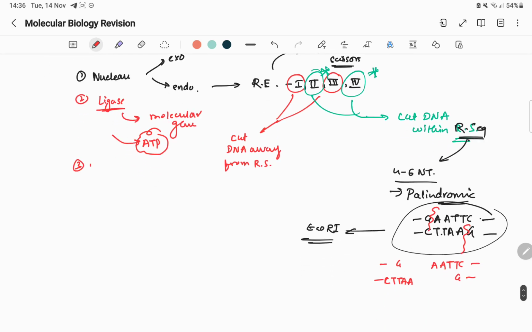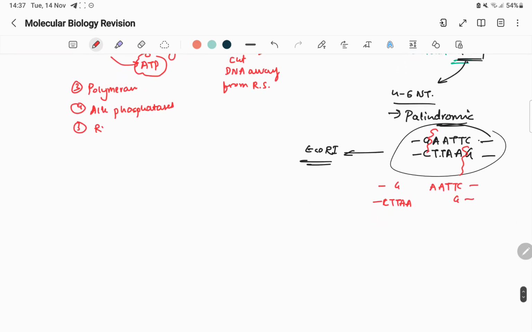Then we require polymerases, alkaline phosphatases, as well as reverse transcriptases.